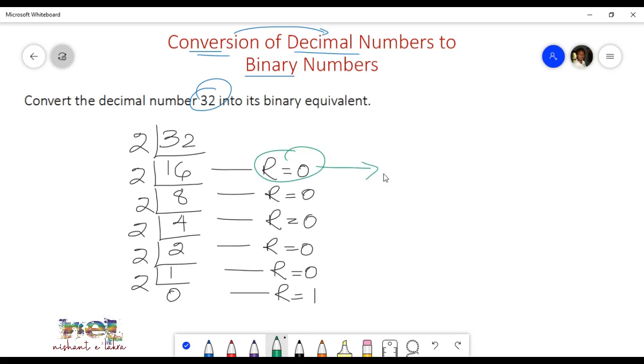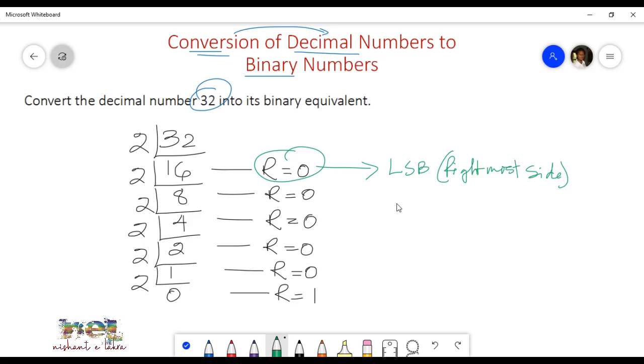So the first digit that we found, which is remainder 0, that is the LSB, the rightmost side. Let me just write it down for you, if you have forgotten, you can recall it.